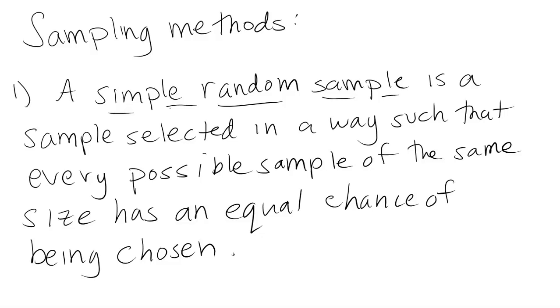Well, while it's easy to describe, it can often be difficult to pull off in real life. You can't get a true simple random sample of the entire United States population. It's just way too large. Or you might be in a situation where you don't have access to the entire population, so it's impossible to enumerate them. Like if you're studying some unknown species, you're in some rainforest and you're looking at some species of ant.